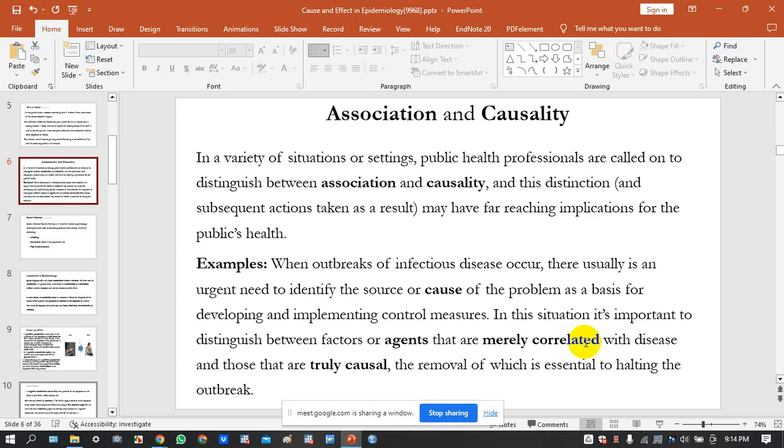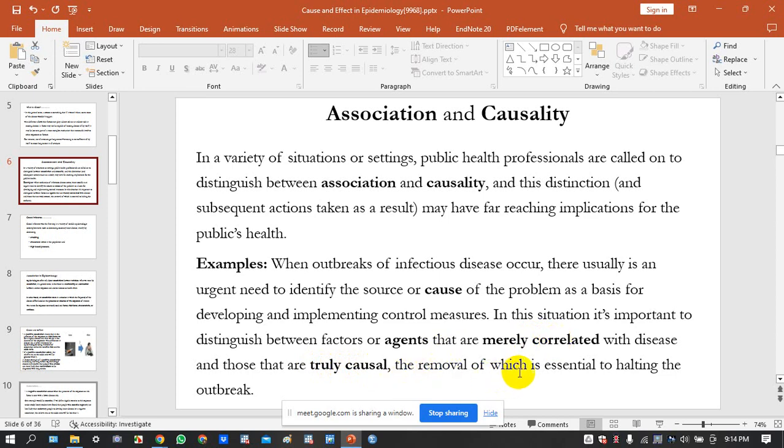These are all associated, but the actual cause of the HIV itself is the lentivirus called what? Human immunodeficiency virus. That is what is destroying the immune system of the person for other opportunistic infections or organisms to be associated with the disease.